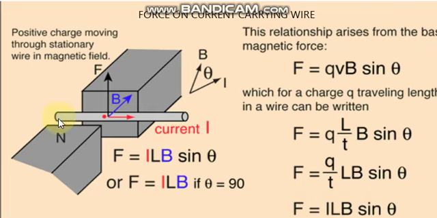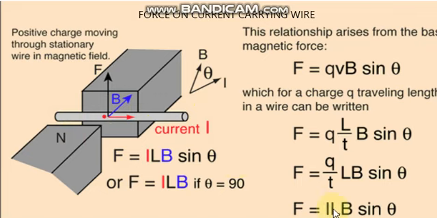Now here you can see that this vector L is making an angle of 90 degrees. These are the poles of a magnet. This is the north pole of the magnet, this is the south pole, and you know that the magnetic field is directed from the north pole towards the south pole. So B is directed this way, and the vector L will be directed this way.